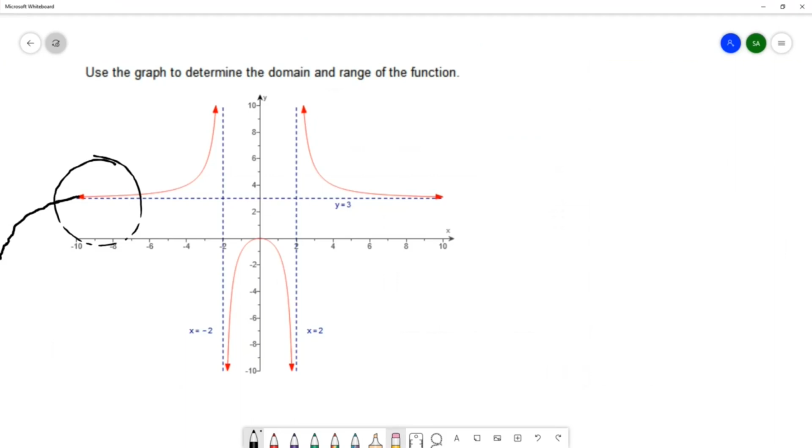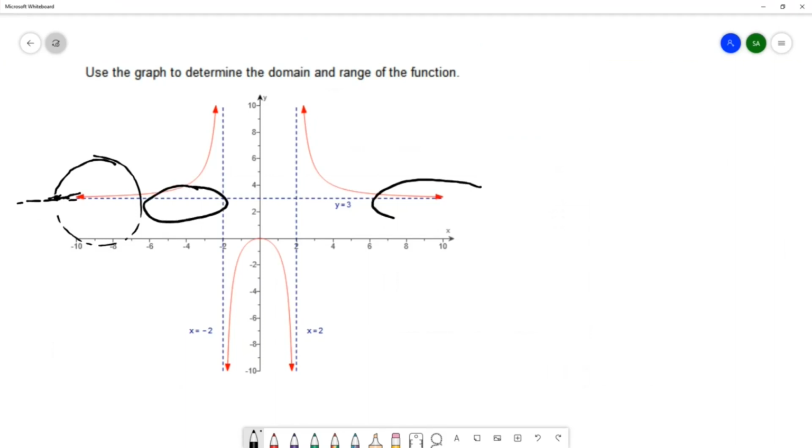Well, it does do that. It keeps going down and to the left. However, this dashed line that we see means that it stops at that line. It's never going to pass that line. It keeps getting closer and closer to that dashed line, but it never crosses it.